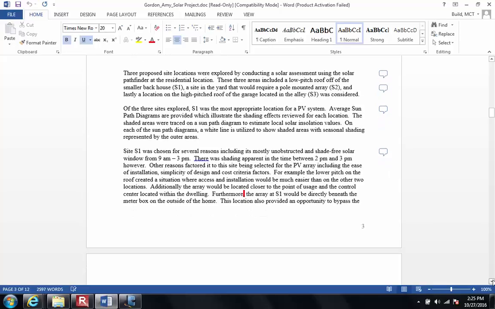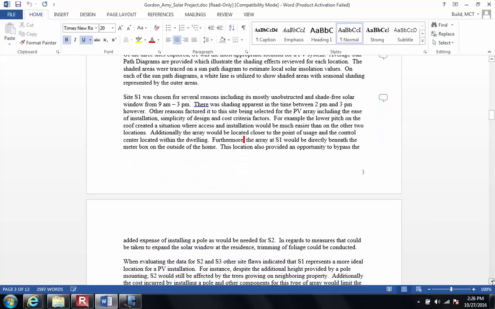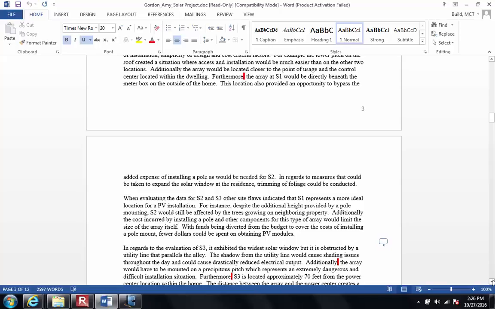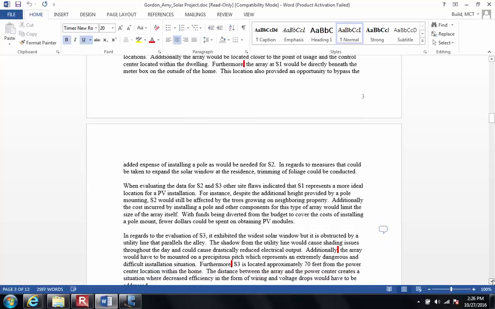And right next to the meter, that's handy. S2, you'd have to add a pole for additional cost. And they might have to do some trimming of foliage to open up the window for time.